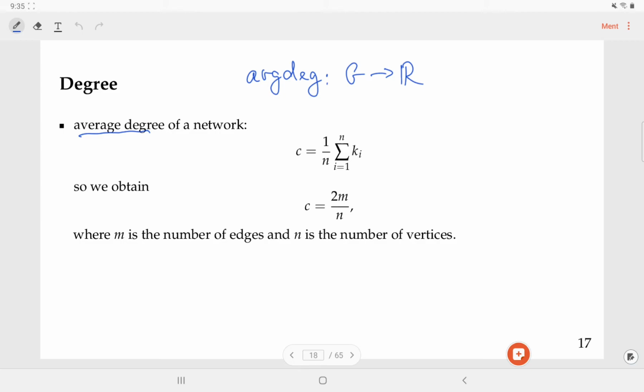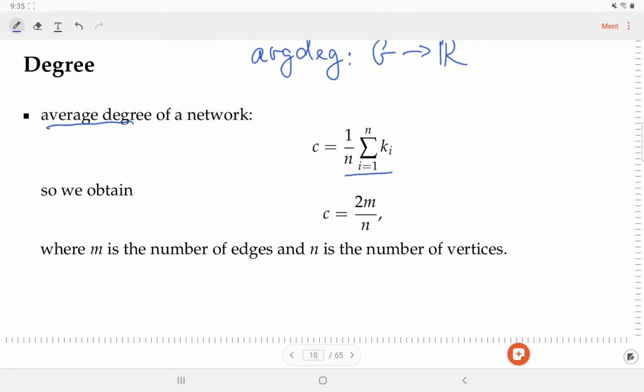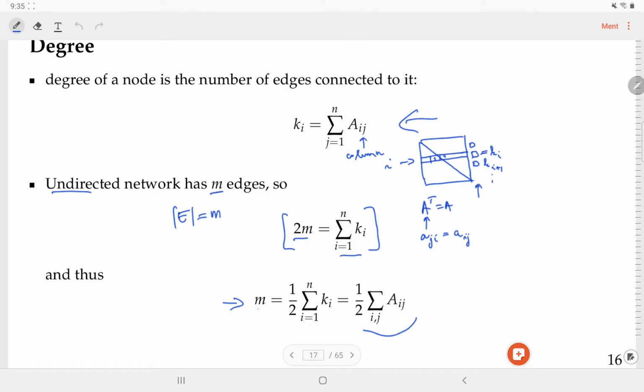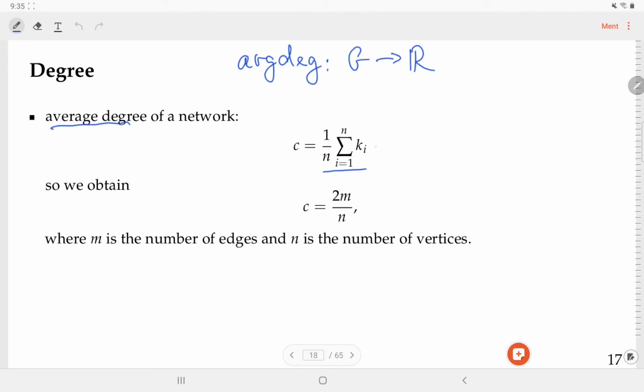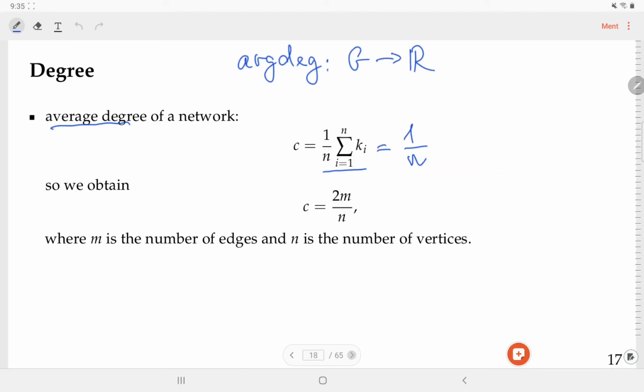And how do we calculate it? Obviously we sum all the degrees and then we divide by n. That's it. Getting back to here, you see m is equal to, this is nothing else but 1 over n, and then the sum of k_i's is equal to 2 times m.